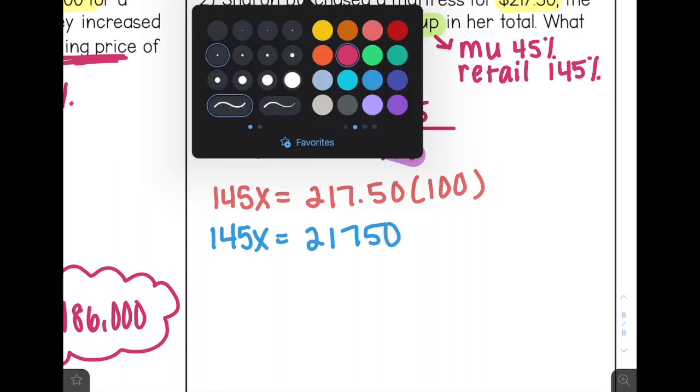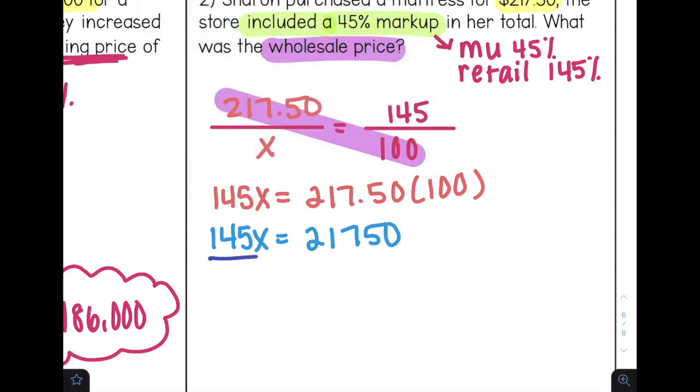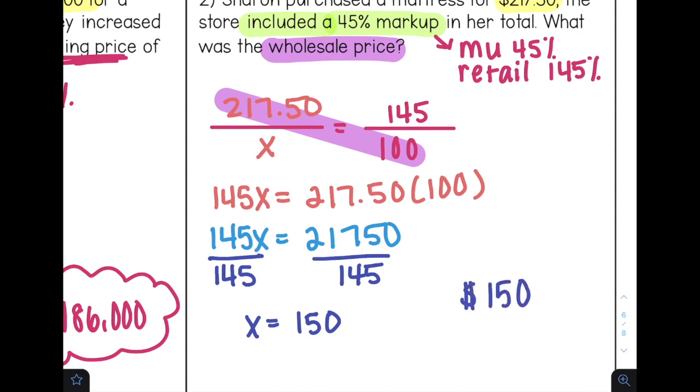You want to divide both sides by 145. X is going to equal 150. So that means the original price was $150 before they marked it up 45% to get it at $217.50.